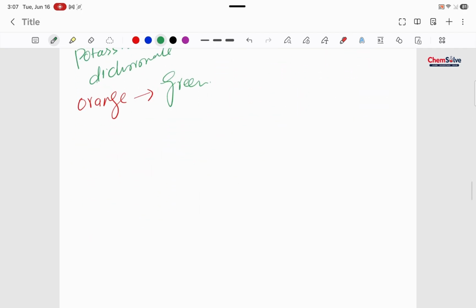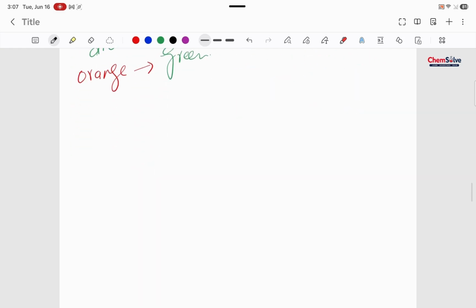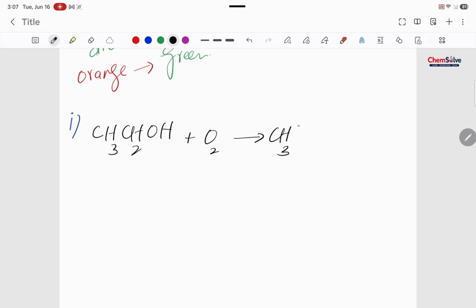Okay, so now look at the equation. If we are going to use the oxidizing agent method or the atmospheric oxygen method, both will work in the same way. So I will just take CH3CH2OH, ethanol, and I will add oxygen, and it will be changed into CH3COOH and H2O.